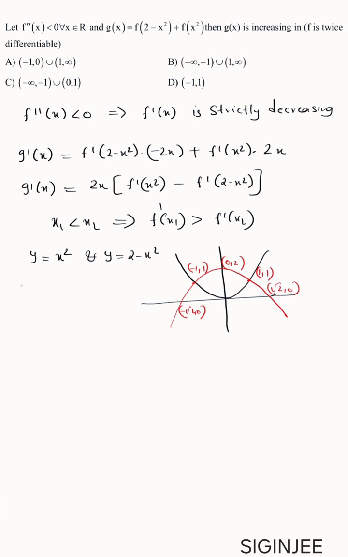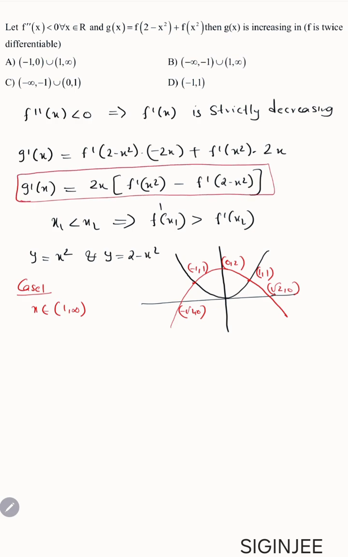So we can take different cases. Case 1: x belongs to the open interval (1, infinity). Here 2x is positive. Now what about f'(x²) - f'(2 - x²)?